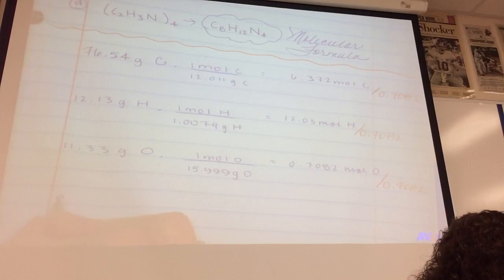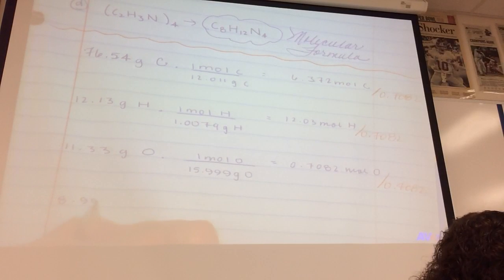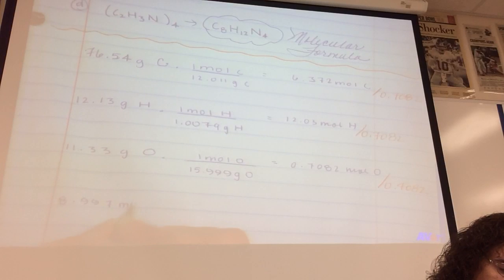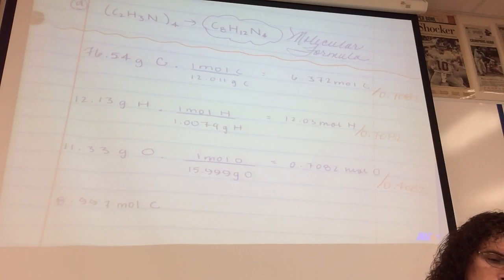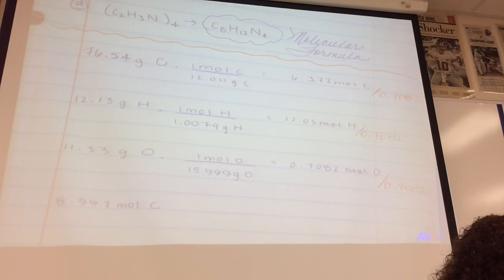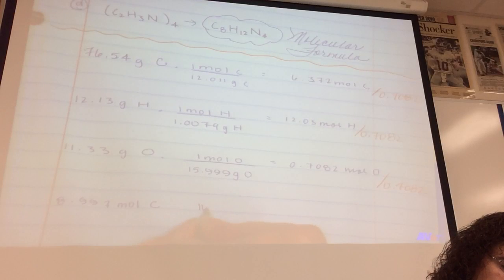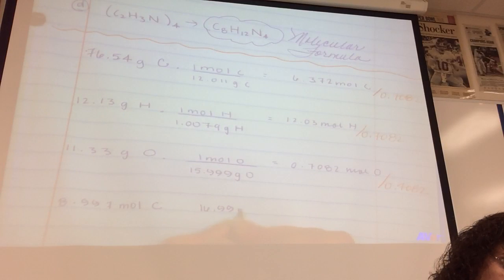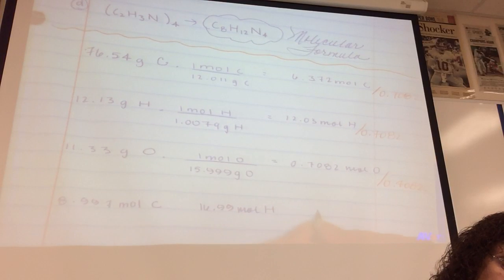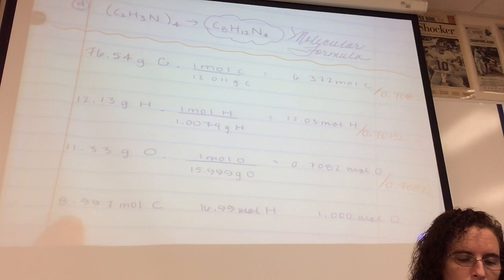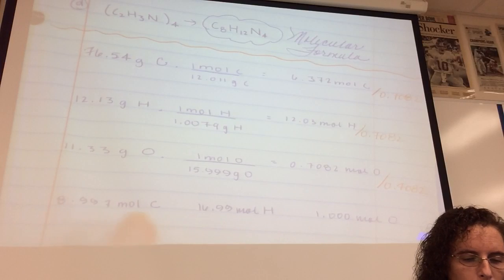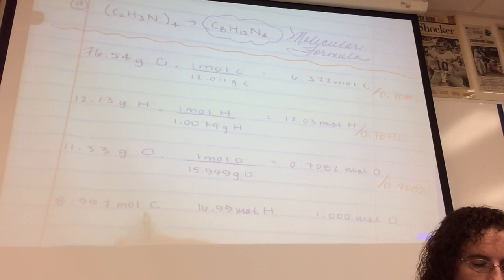So I get 8.997 moles of carbon, 16.99 moles of hydrogen, and 1 mole of oxygen. And I check to see if these are within 0.05 of a whole number, and they are.